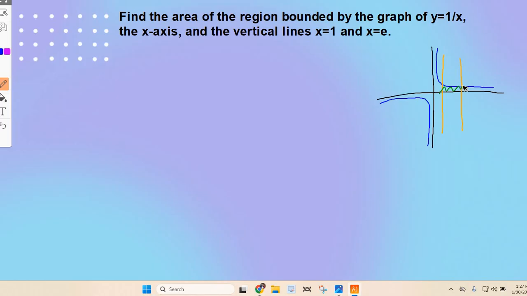I want you to set up and evaluate the integral that represents that area and tell me what you get.